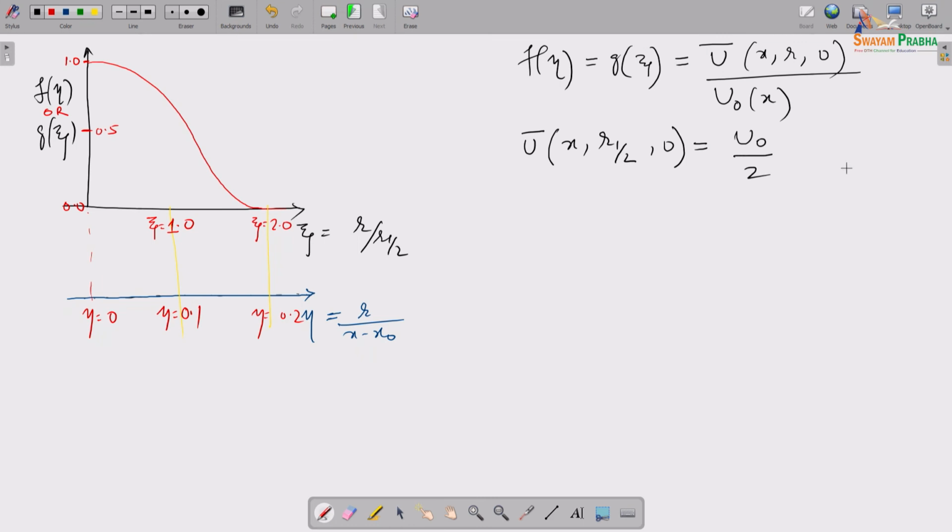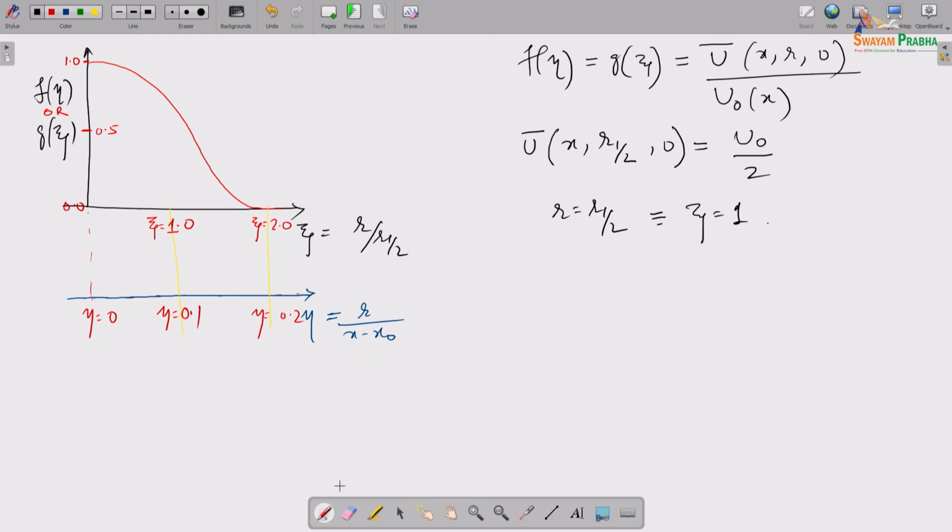So u mean at the jet half width is actually this. In that case, if I take r is equal to r half, which means I am saying zeta is equal to 1, meaning zeta is here, then I can say in that case this value.